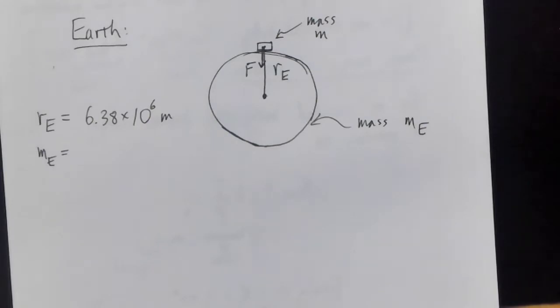There are tricks to figuring out the radius of the Earth by looking at the sunset and measuring angles and geometry. If you knew the radius of the Earth and you can measure the acceleration on the surface, you can calculate the mass of the Earth.